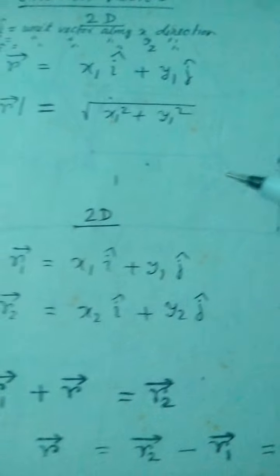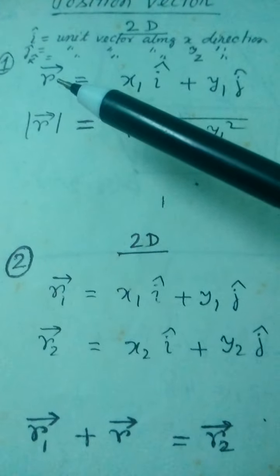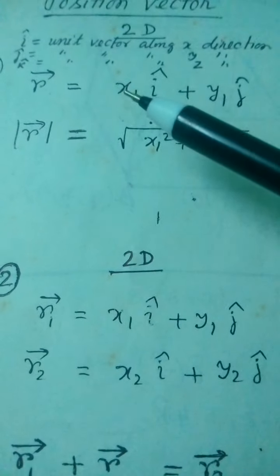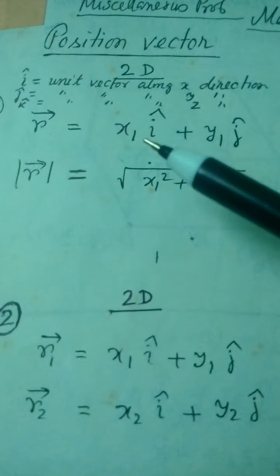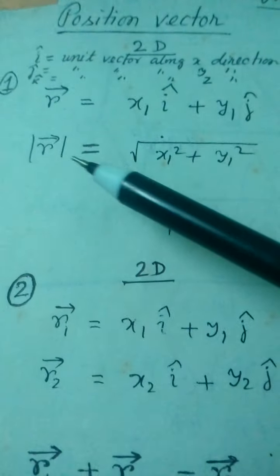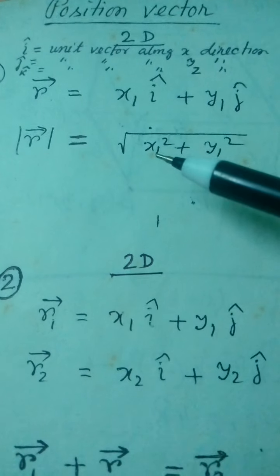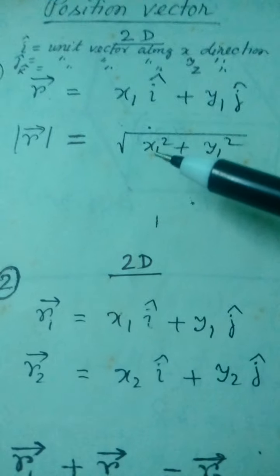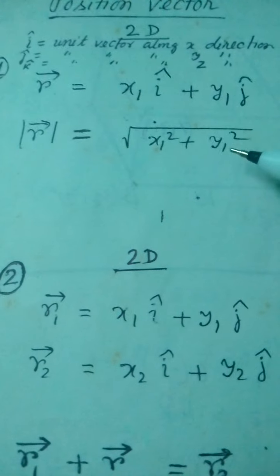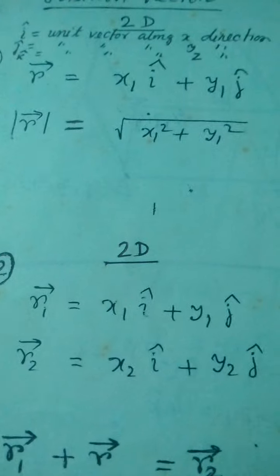So that we have written here. R vector will be equal to x1i plus y1j. Okay. Now what is the magnitude of R? Magnitude of R is nothing but the distance from 0 to the point x1, square root of x1 square plus y1 square. This is the magnitude of R vector.